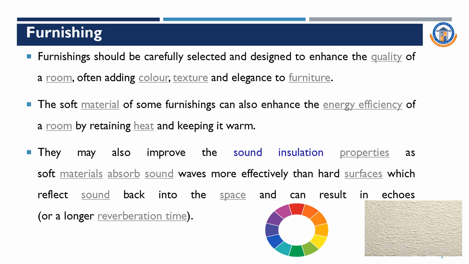Other than that, these furnishing materials can also improve the sound insulation properties. Normally, soft materials absorb sound waves more effectively than hard surfaces because hard surfaces usually reflect sound back into the space, which results in echoes. Otherwise, we can say the harder the surface, the longer the reverberation time.